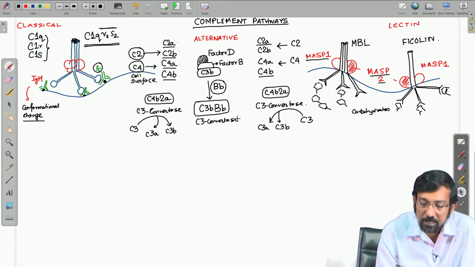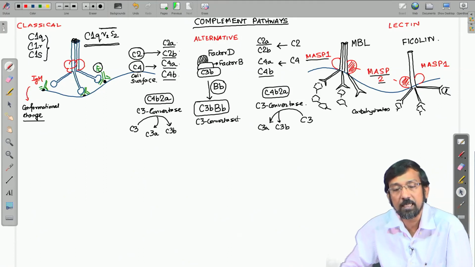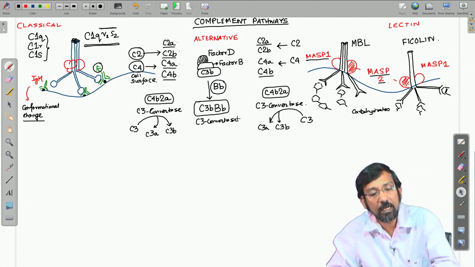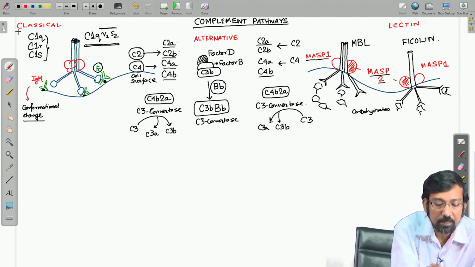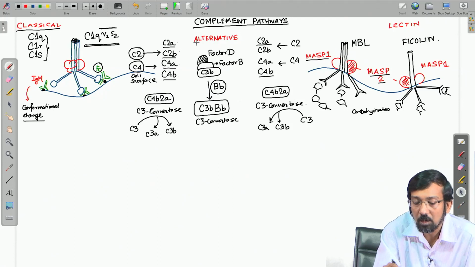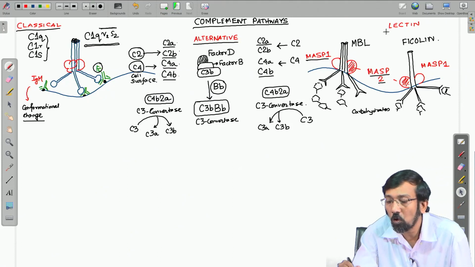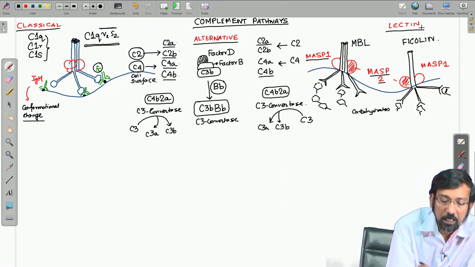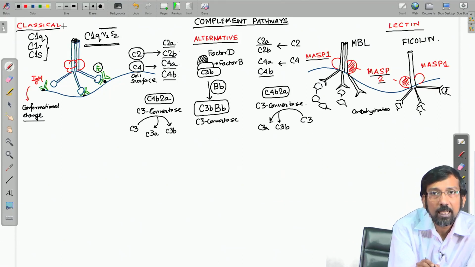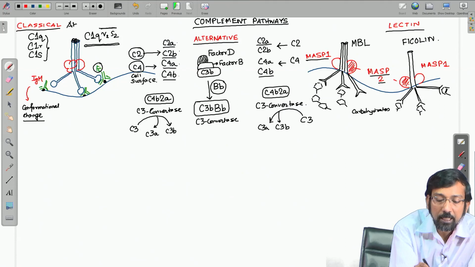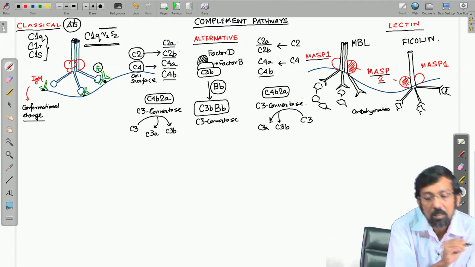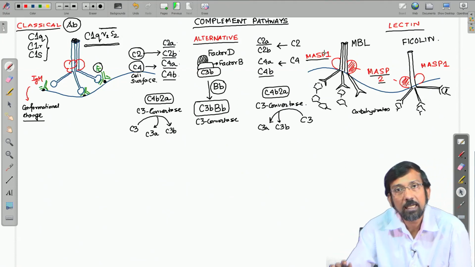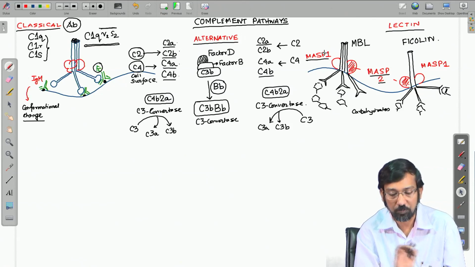So, all these three C3 convertases are formed at the end of these three pathways: the classical pathway, the alternative pathway, or the lectin pathway. Among these three pathways, if you see, only the classical pathway is an antibody dependent pathway. The rest are antibody independent pathways.